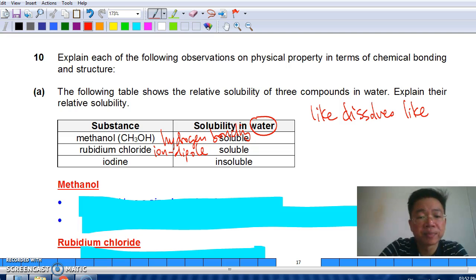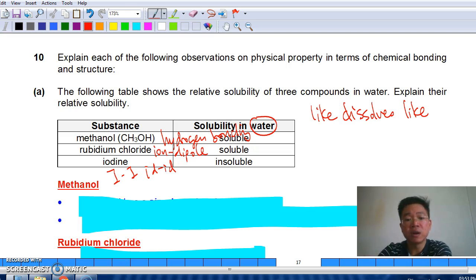How about iodine? Iodine, it says here, insoluble in water, because the type of forces between the I2 molecules is predominantly ID. So ID is not able to form hydrogen bonding with water. So therefore, iodine is insoluble in water.